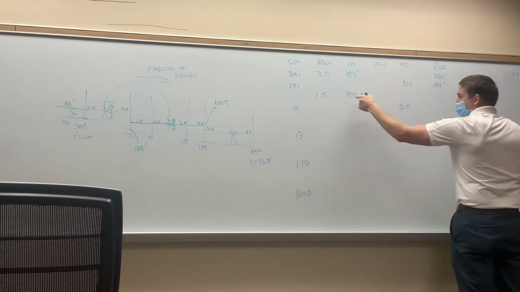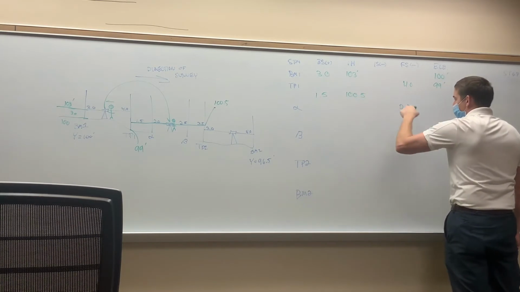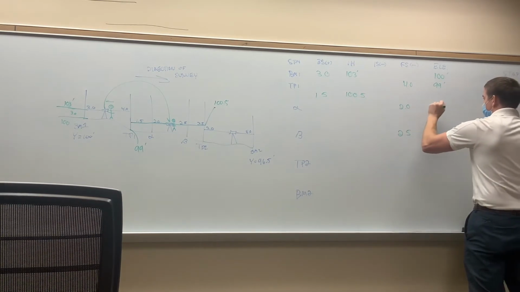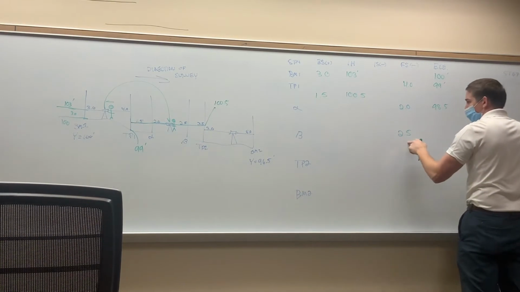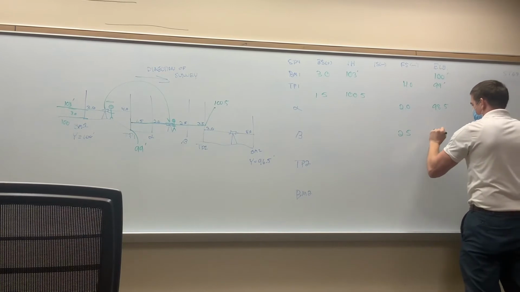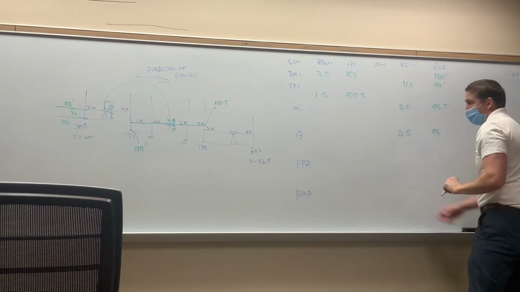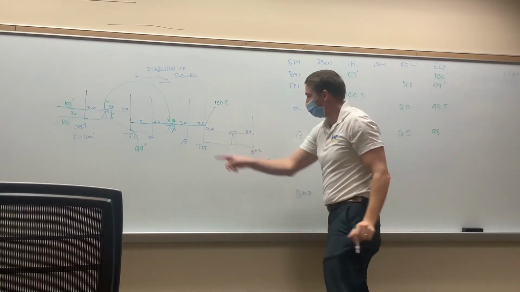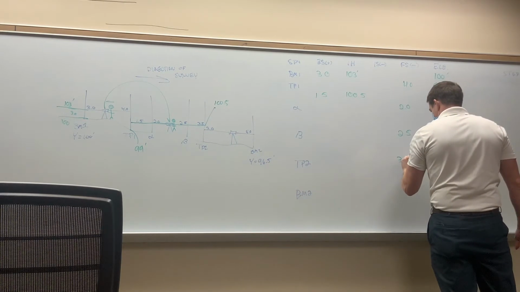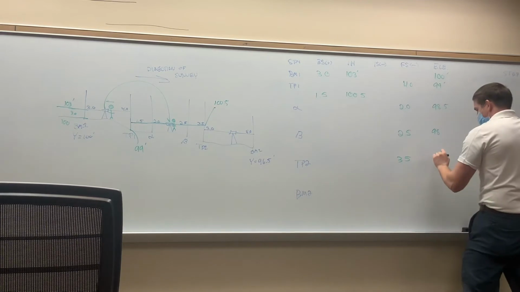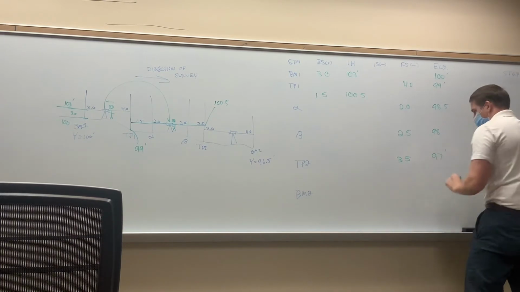So, it is 100.5 minus 2 is 98.5, and 100.5 minus 2.5 is 98. My turning point has a foresight of 3.5. Leaves me with 97 feet.